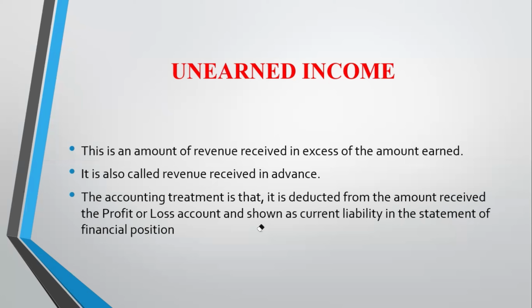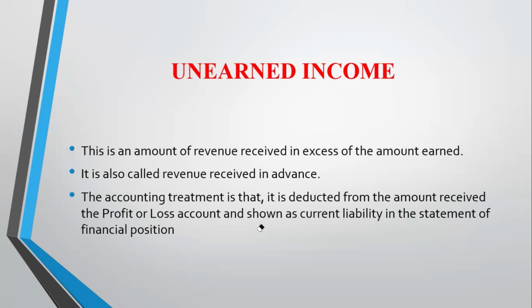Anytime there is unearned income, it is deducted from the profit or loss account, and it is treated as a current liability in the statement of financial position, because since it has not been earned, it is a liability to you. You've received the person's money, but you've not performed the job, or you've not supplied the person's goods to him or her. So unearned income is a liability, which is a current liability.